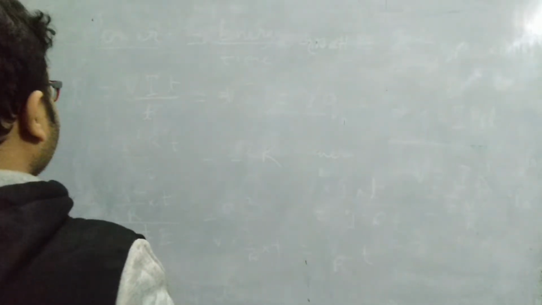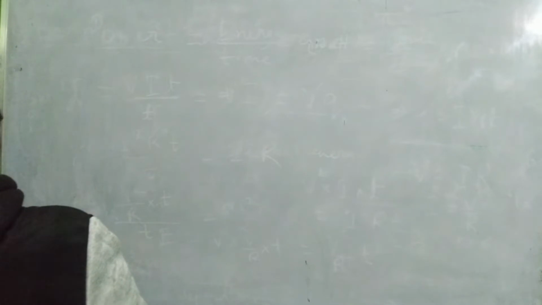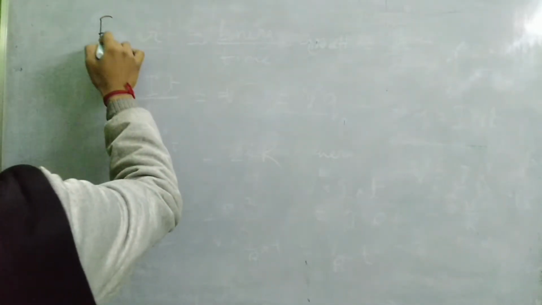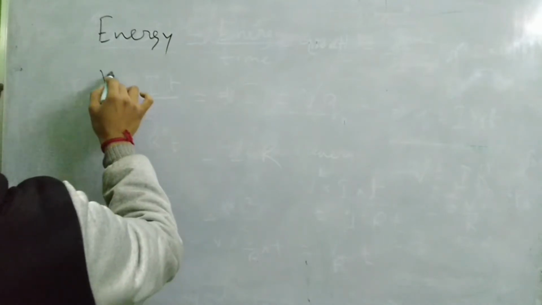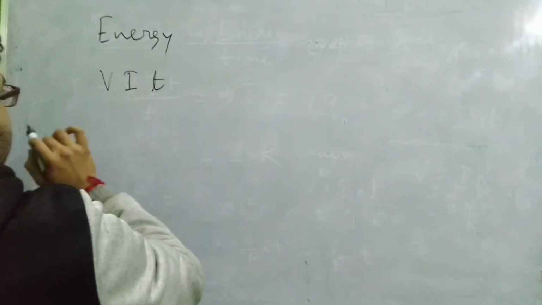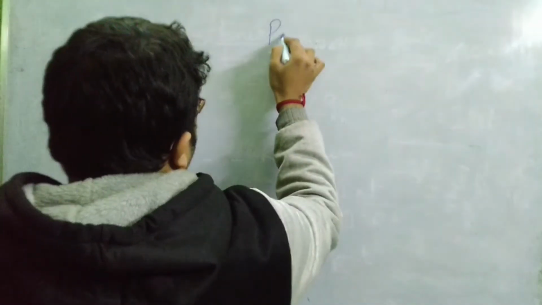Okay, so summing up, what are the formulas for the energy? Let us see. Energy, we have three formulas. First one was V into I into T. Corresponding, what are the formulas for the power?